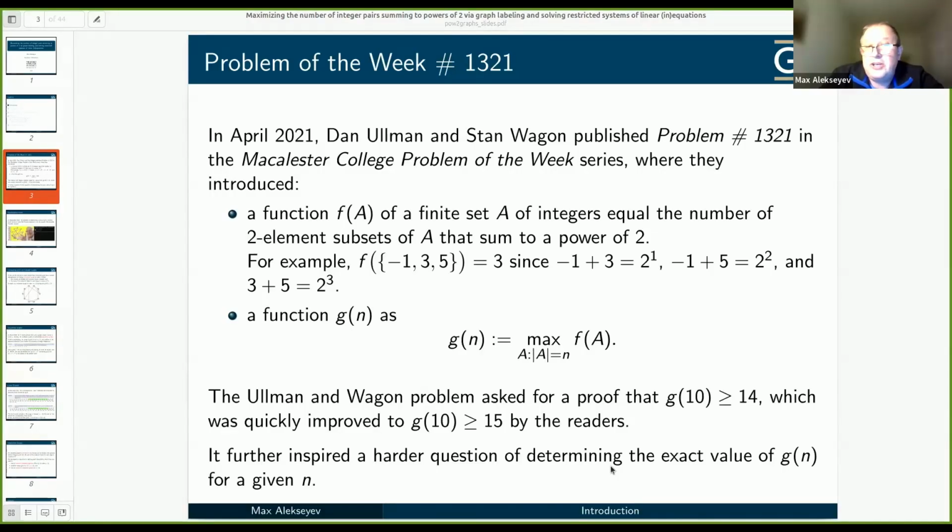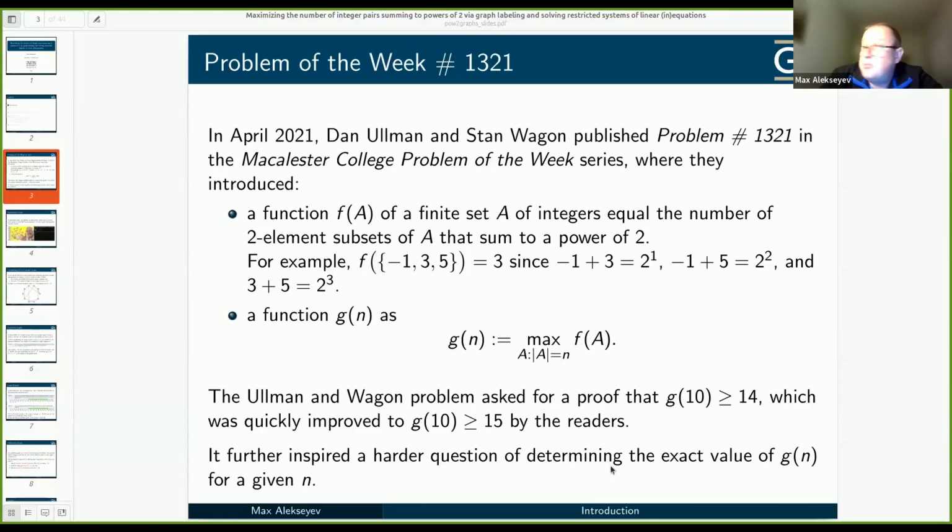Then we may pose a question: let's say we fix the size of the set. What is the maximum number of pairs we can get that sum to a power of 2? The original problem, with this function denoted g of n, by the way, asked for a proof that g of 10 is at least 14.